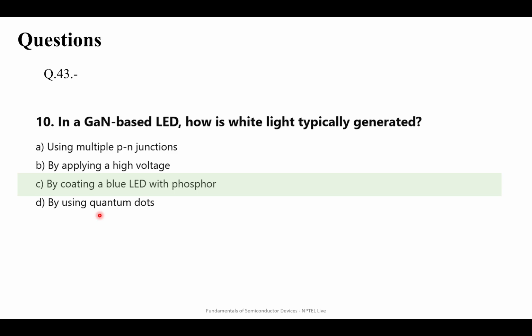If you shine blue light on phosphor, it will glow yellow. The blue light from the LED and the yellow light from the phosphor combine to form the white light. Yes, sir.